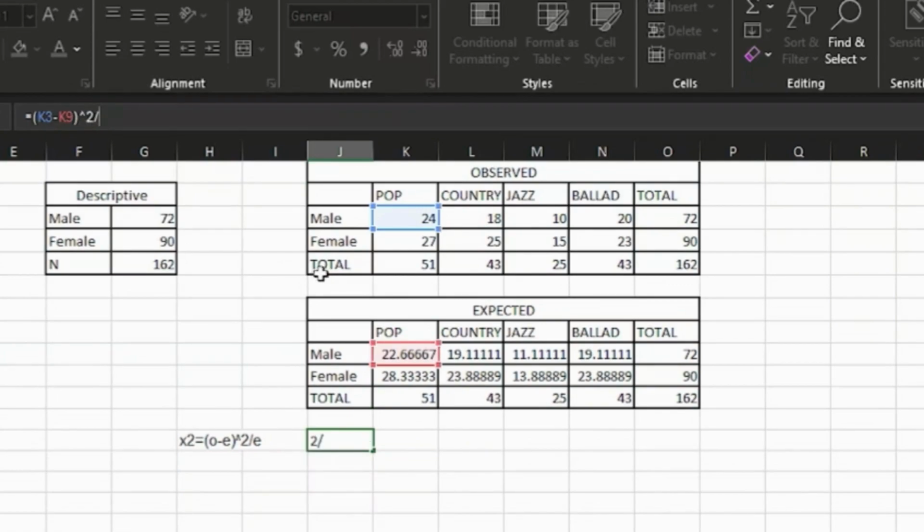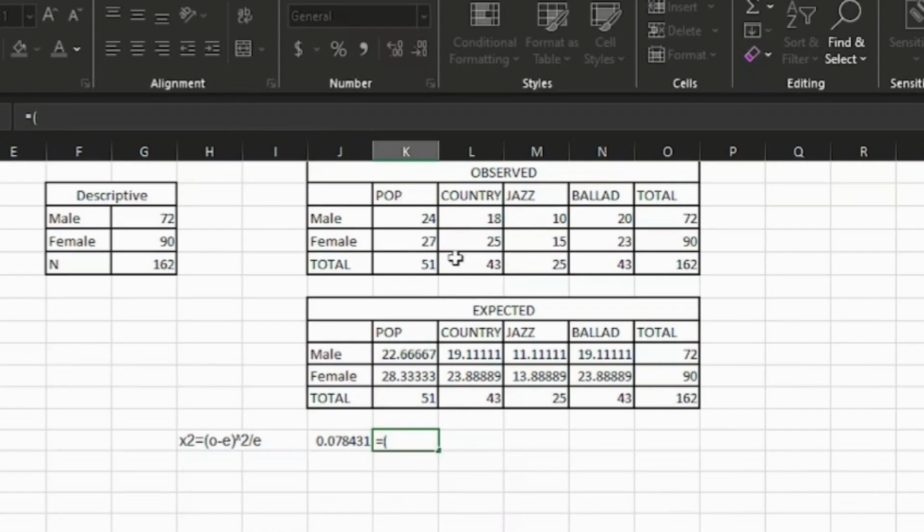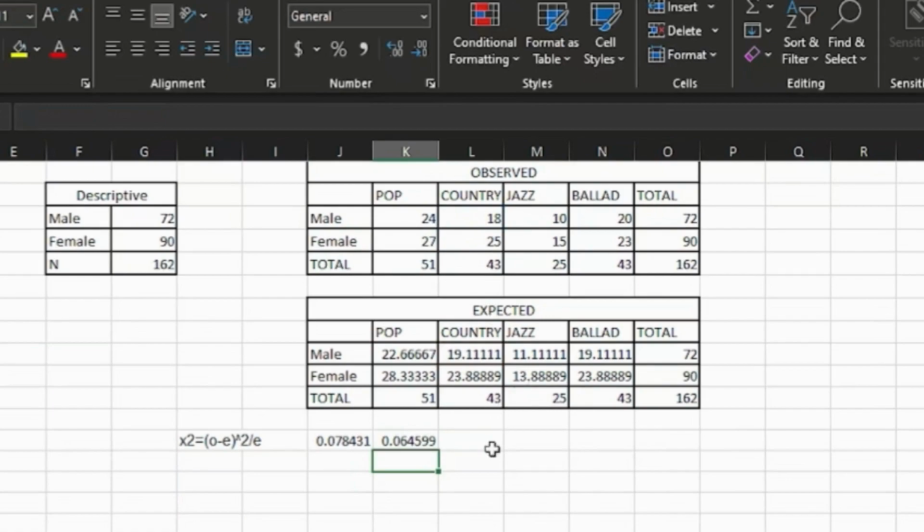Put a minus followed by the expected value. Enclose with the parenthesis and type a caret or this upward symbol. Then type 2, as this will represent the squared function. Type slash as a divide symbol and select again the same expected value. Upon entering, it should give you a result.